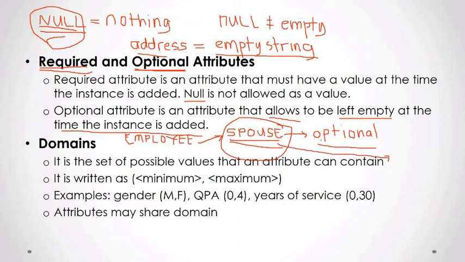Another example wherein we consider a particular attribute as optional is, I think I have mentioned this already, middle name. This has to be optional also. Why optional? Because there are some cultures wherein they don't have any middle name.